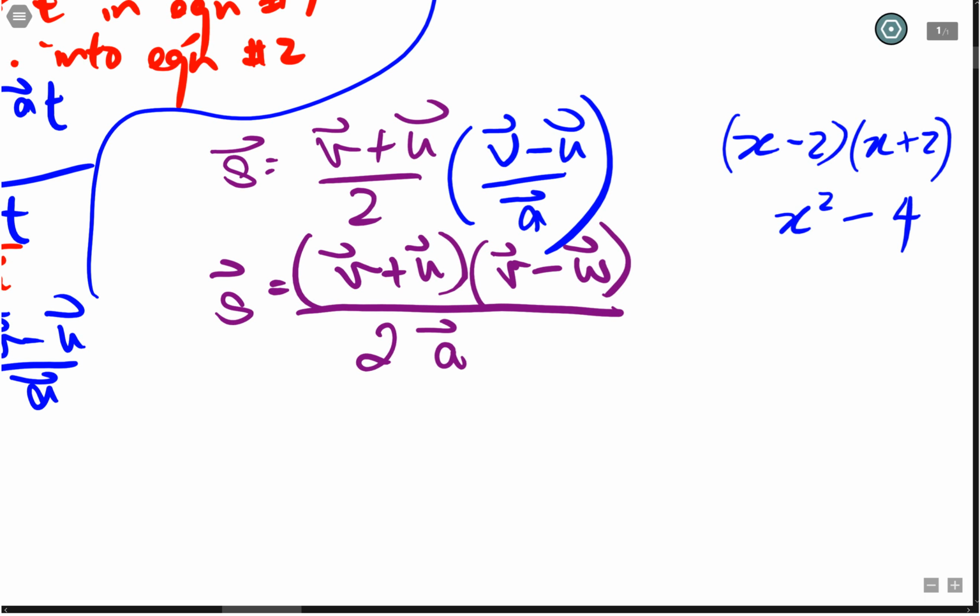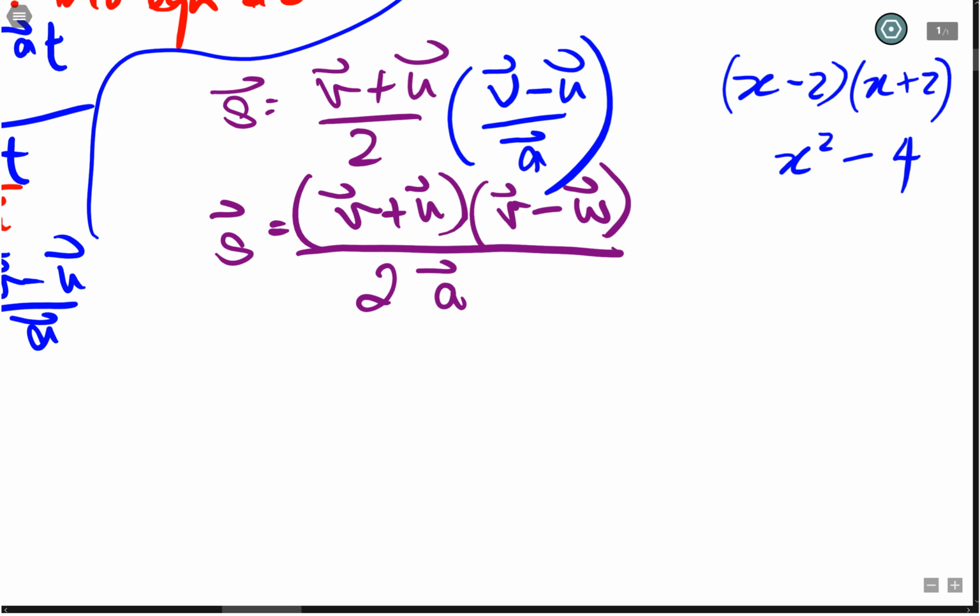Similar to our case, we can do the same thing. We have v on the outside, so we'll have v squared. This one is plus u and this is minus u, so in the end we'll have minus u squared, all divided by 2a.